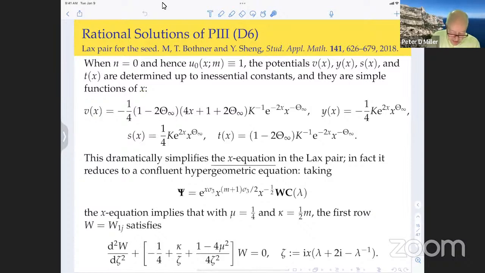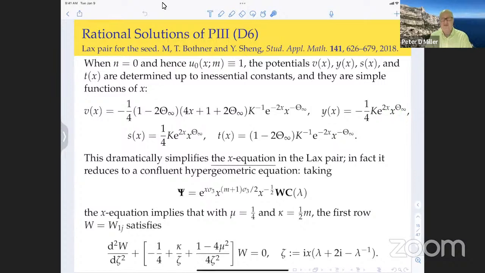So v of x is some constant times a linear function in x like this, and then here's an exponential part and a power, x to the minus theta infinity. And similarly for expressions for y, s, and t. I guess all of them involve these exponentials, you see this e to the plus or minus 2x everywhere, and also powers of x to the plus or minus theta infinity.